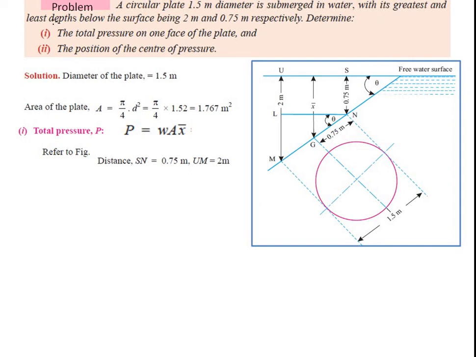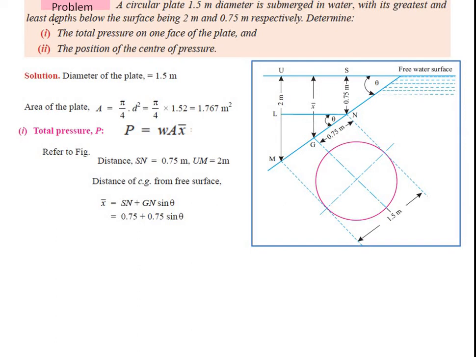UM is nothing but 2 meter. So distance of center of gravity from the free surface can be calculated as SN plus GN sin theta, that is nothing but that middle distance. So it is nothing but 0.75 plus 0.75 sin theta.